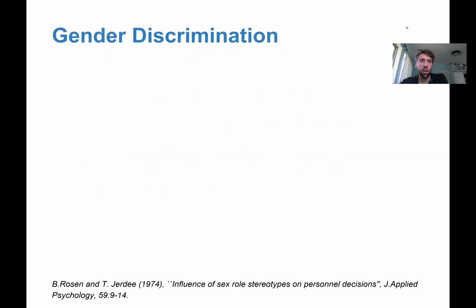Okay, moving on. We're looking at a gender discrimination study from 1974, which was in the Journal of Applied Psychology. It's almost a 50-year-old study, so hopefully the oldness of it makes it not as controversial.